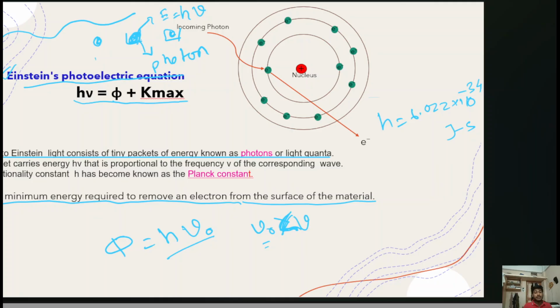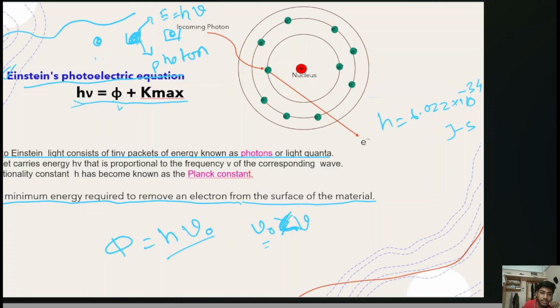So phi is the minimum energy required to remove an electron from the metal surface. This energy has to be given to the electron to eject it. Now I will explain this equation. h nu is the energy of one photon. It is divided into two parts.